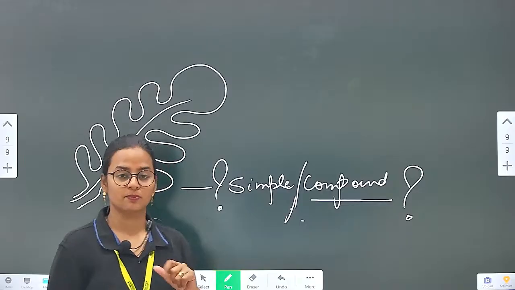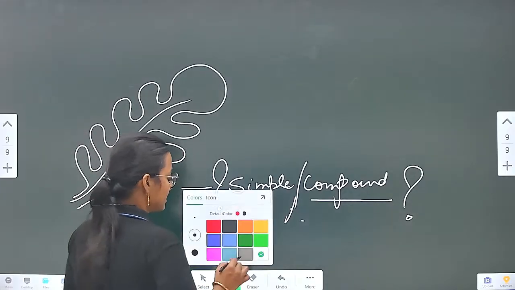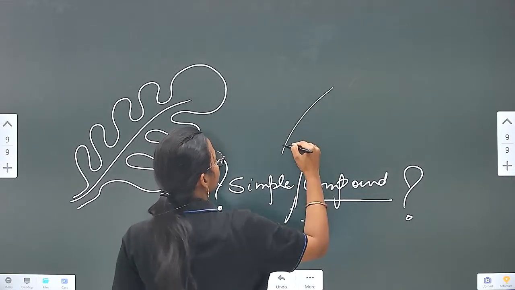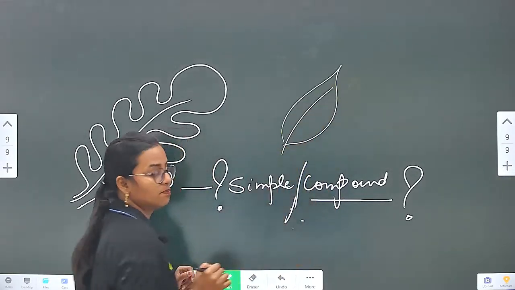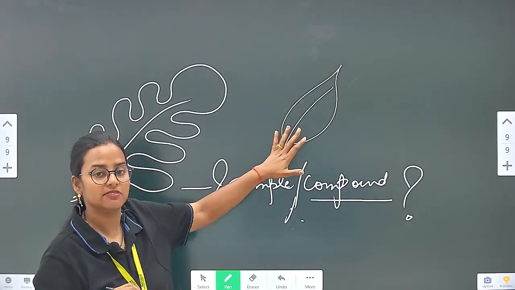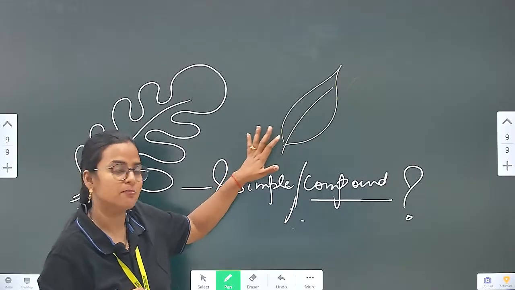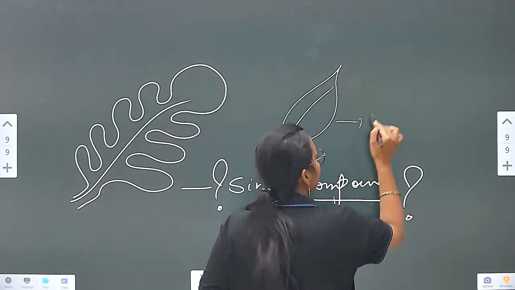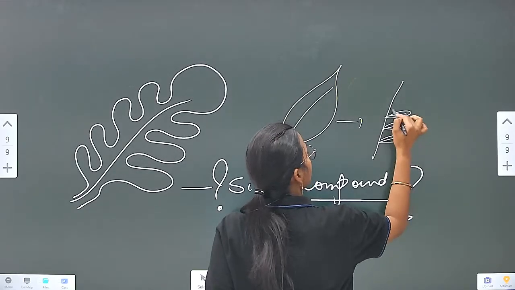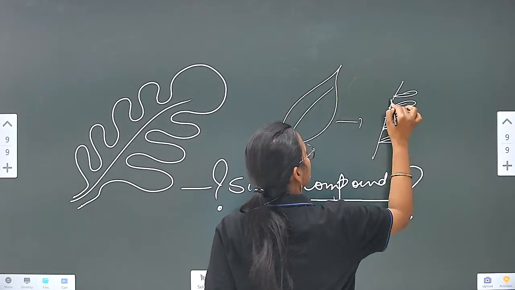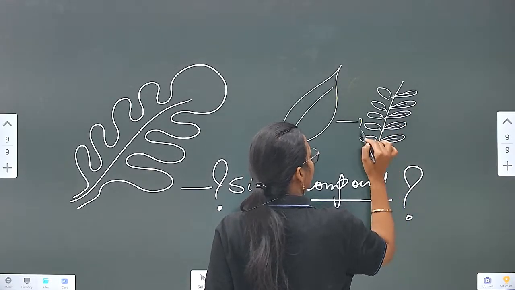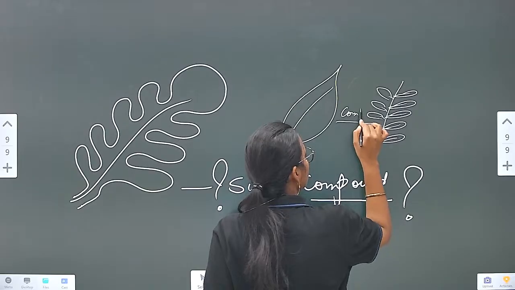Why so? See. Let us consider this is a simple leaf. Now, if the lamina of this simple leaf breaks like this, and like this, then only it is regarded as a compound leaf.